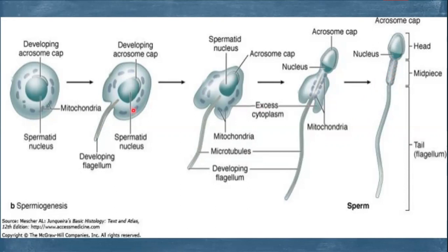And the final process is the shedding of the excess cytoplasm, right? You can see this is the cytoplasm, which will eventually decrease in size and then be shed off, right? And the final product is a sperm with a proper head, neck, mid piece, and a flagella-like tail. This is known as the final product, the sperm.